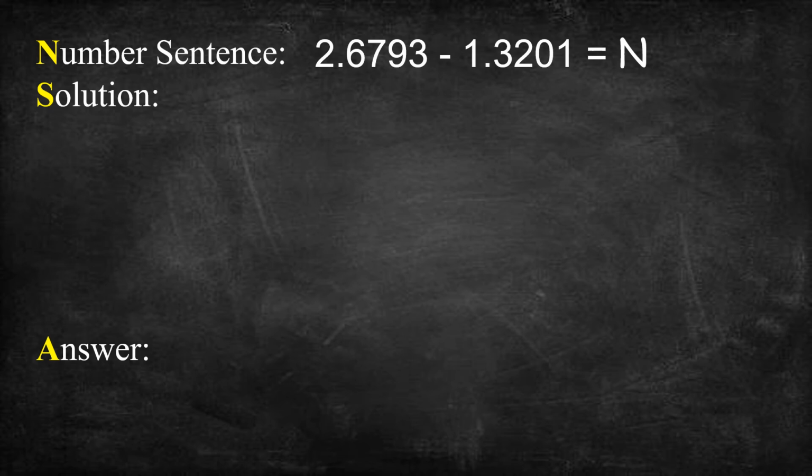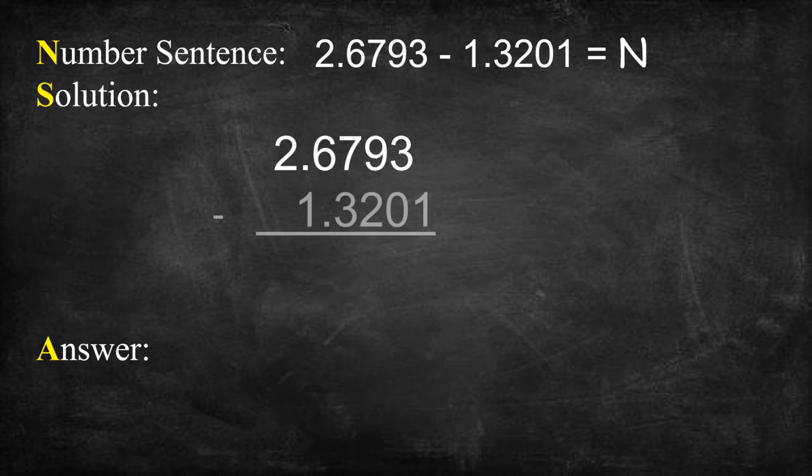And now let's solve. Again, in order to subtract, let's use step number 1, which is to arrange vertically. And kailangan tapat-tapat yung ating place value. So we have 2 and 6,793 ten thousandths minus 1 and 3,201 ten thousandths. So kailangan pantay-pantay yung ating place value. So let's subtract 3 minus 1, that is equal to 2. 9 minus 0 is equal to 9. 7 minus 2 is equal to 5. 6 minus 3 is equal to 3.